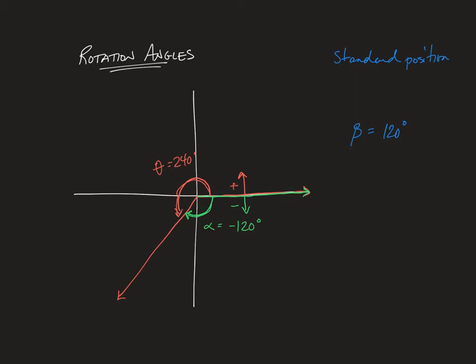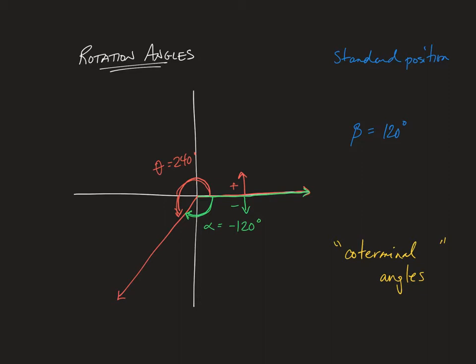Now, the last thing that we need in terms of terminology dealing with rotation angles is the concept of something called coterminal angles. What you'll see on the diagram right now is that theta and alpha are coterminal angles.